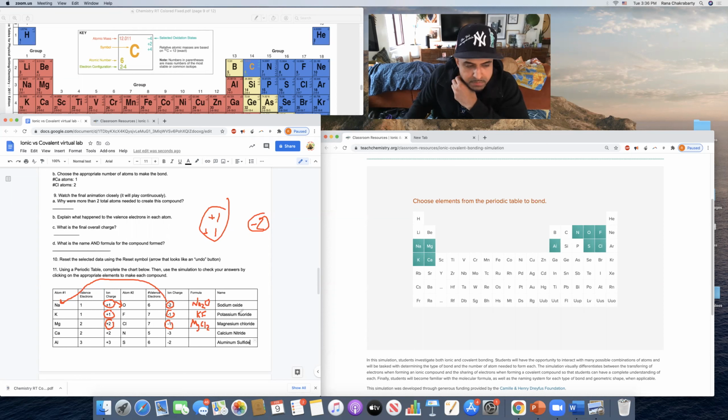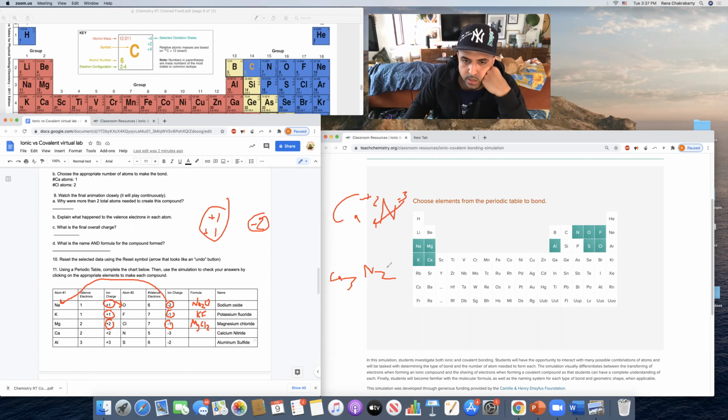Calcium and nitrogen. If calcium is +2 and nitrogen is -3, I switch the numbers. So calcium is now 3 and nitrogen is now 2. Does that actually work?